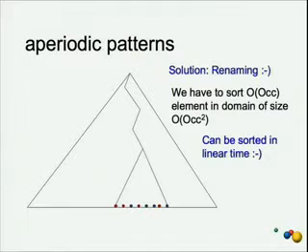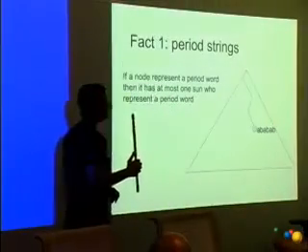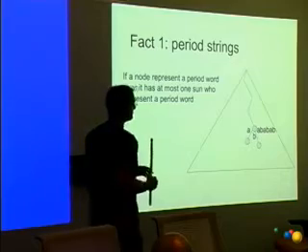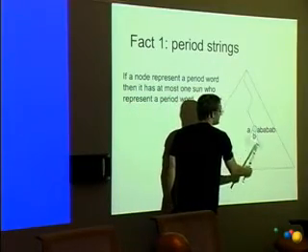Okay. Now, how do we deal with a periodic string? This is more complicated, but it's nicer. The first fact is that if we have a period word here, this node is a period word. Now, it can't be the case that both sons of it are periodic.